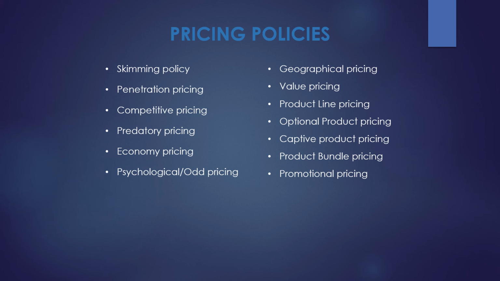Economy pricing. Economy. So this brings benefit to the consumer as well as profit to the business firm. Both. So that is called economy pricing. Psychological or odd pricing. So you may have seen advertisements which quote 199 rupees, 299 rupees, okay, 999 rupees. That is called odd pricing.